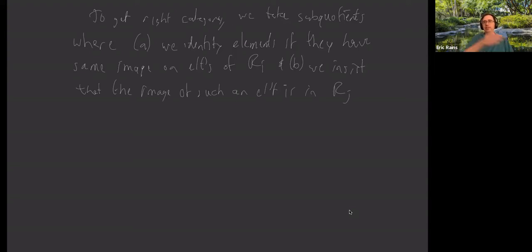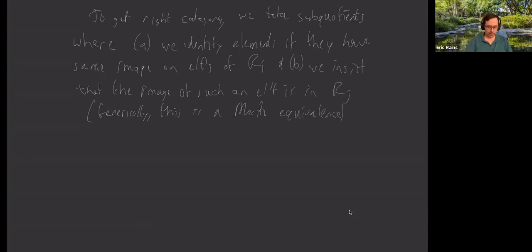And because the image is in R_j, the composition still makes sense on this subquotient. And generically, this is a Morita equivalence. In other words, it gives us the same category of representations.